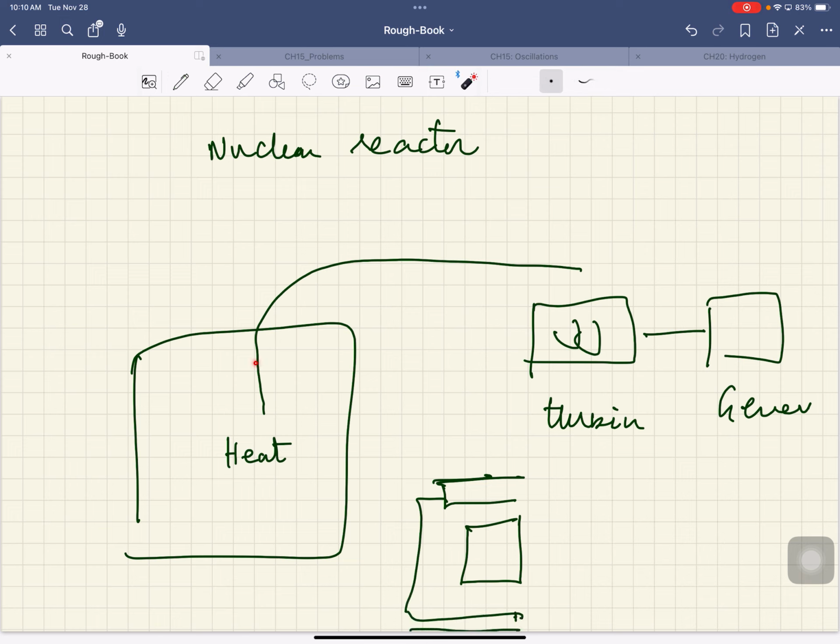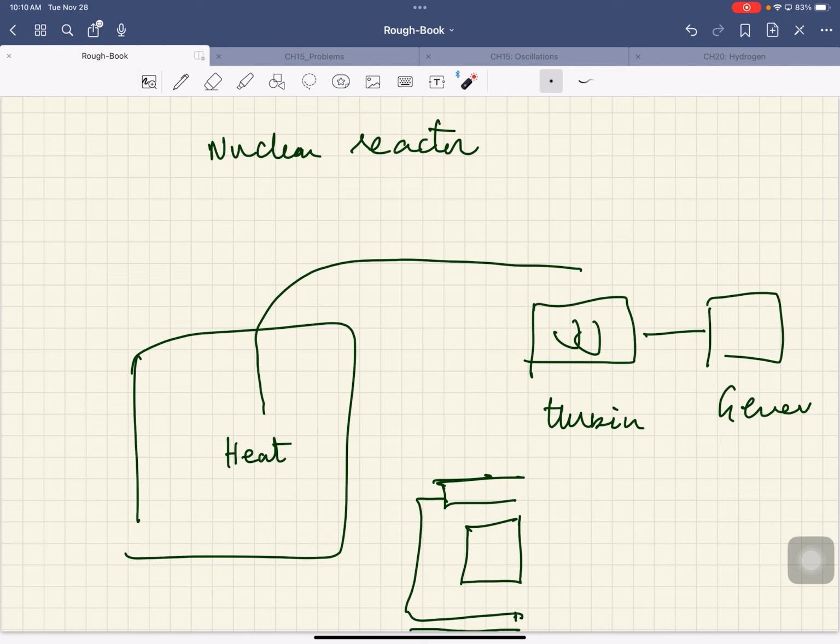So the heat had to be transported, and you boil water, turn it into steam, which turns the turbine, which turns that wire in between the magnet. So that was the goal there. But there is excess heat, because remember, how much of this heat gets converted to electricity in a nuclear reactor?